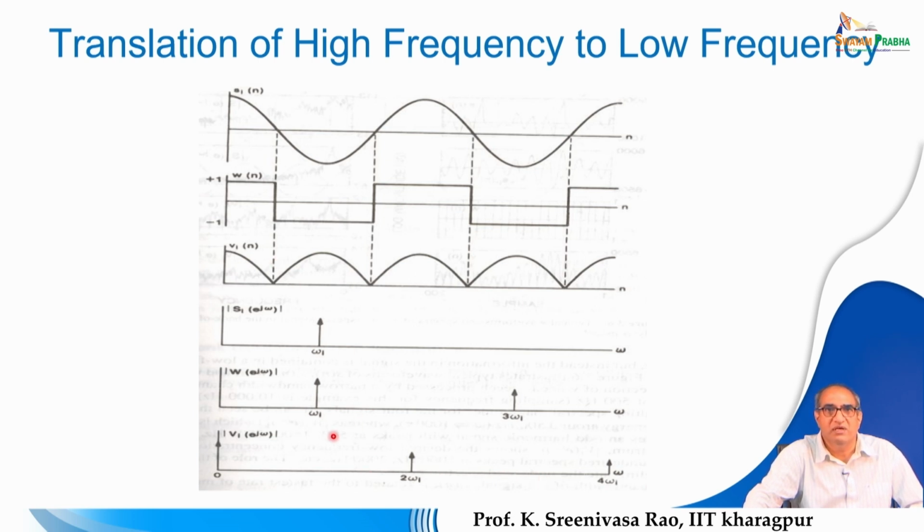If you observe the frequency content here, the same thing is observed at 0 frequency or at a very low side. So, by applying an appropriate nonlinearity to a narrowband signal, you can translate this frequency to a lower side.